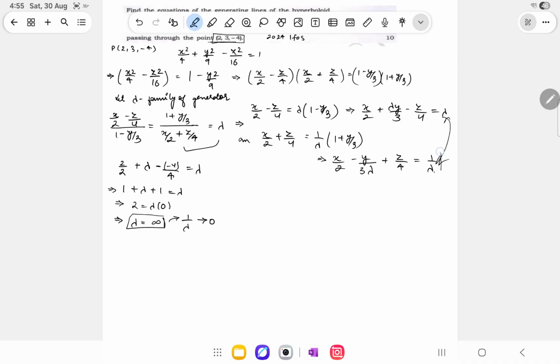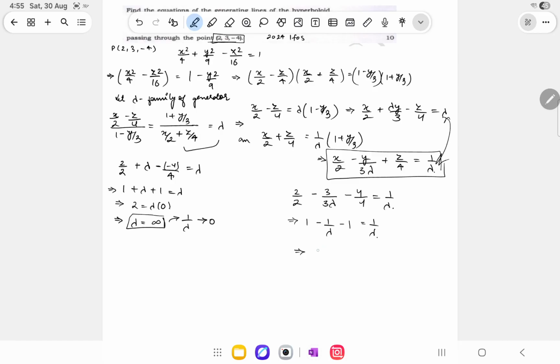Likewise, if I substitute the given point in the other plane, I get 2/2 - 3/(3 lambda) - 4/4 = 1/lambda, which basically gives me 1 - 1/lambda - 1 = 1/lambda.